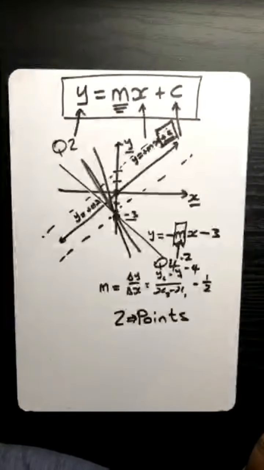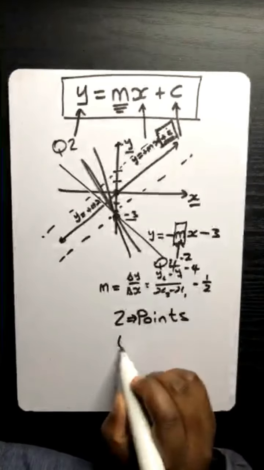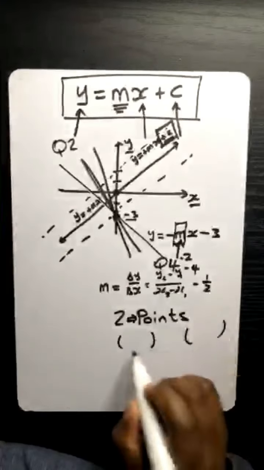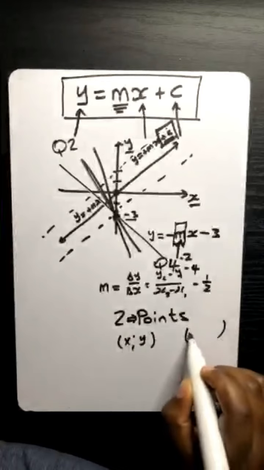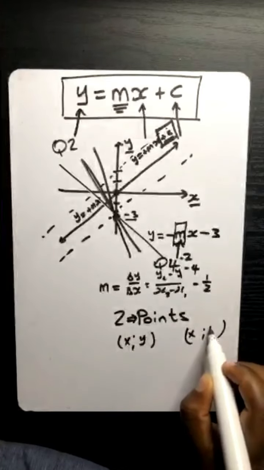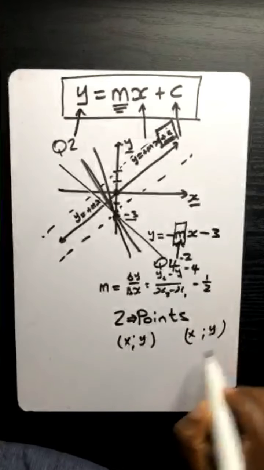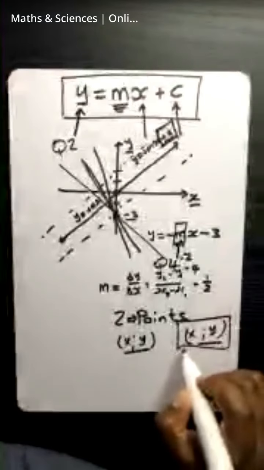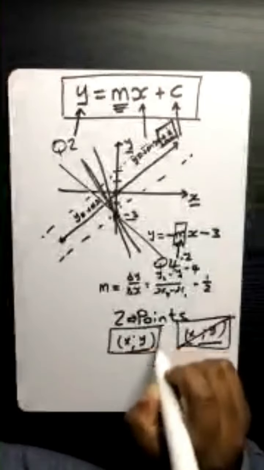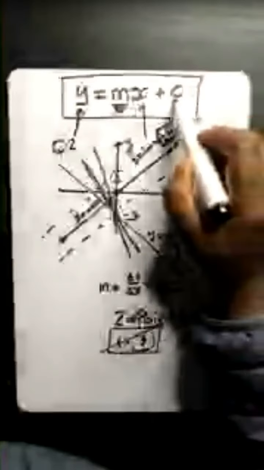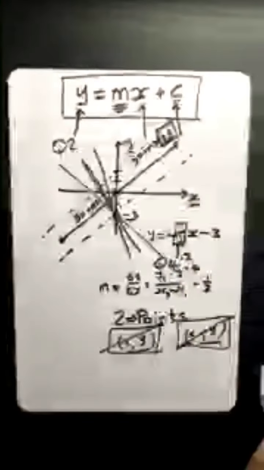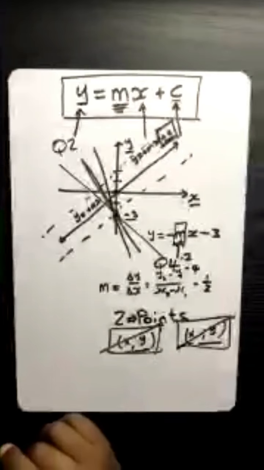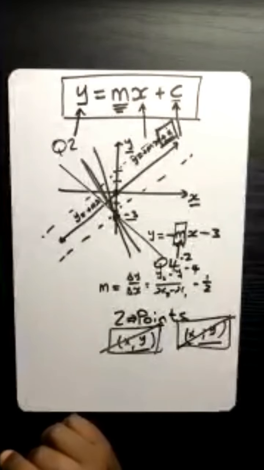Very, very important, ladies and gentlemen. With the 2 points having 2 coordinates, you can easily calculate the gradient and use 1 point, it could be that point or otherwise that point, in order to calculate the c value. Very, very important, ladies and gentlemen.